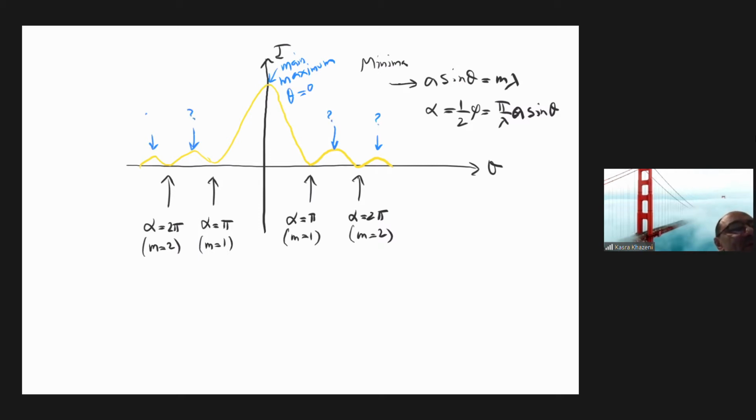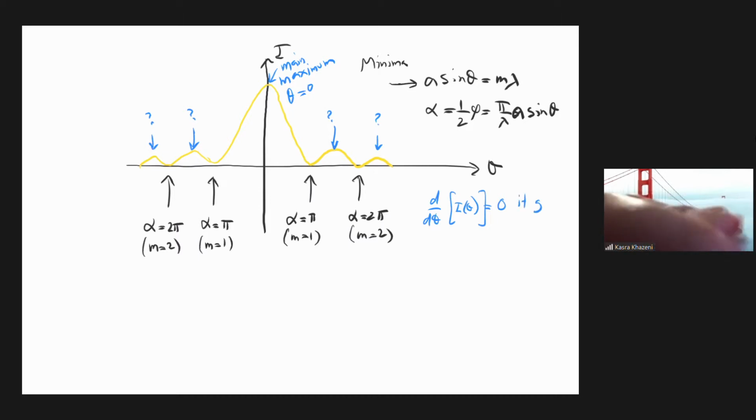Again, there are two ways of doing it. One, you can take the derivative of I of theta and set it equal to 0. And that will give you the location of both minima and maxima. It gives both max and minimum. But that's a little bit too complicated mathematically.